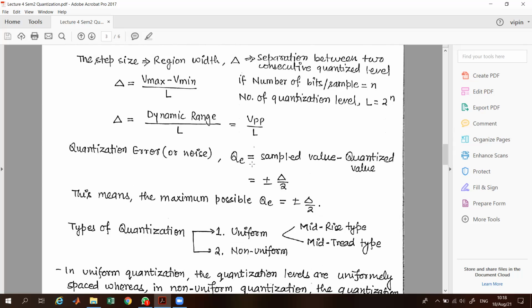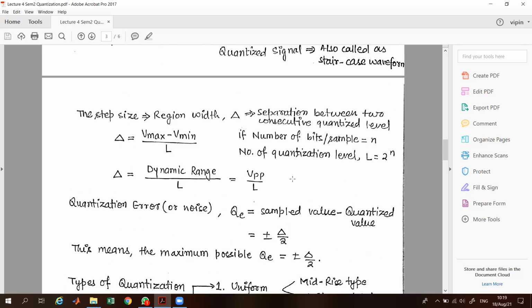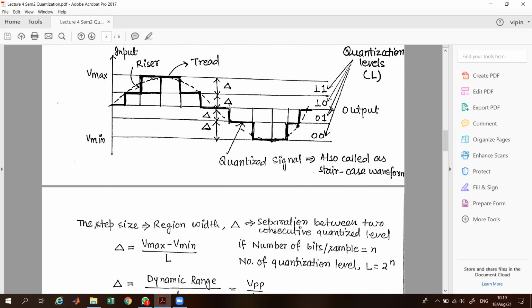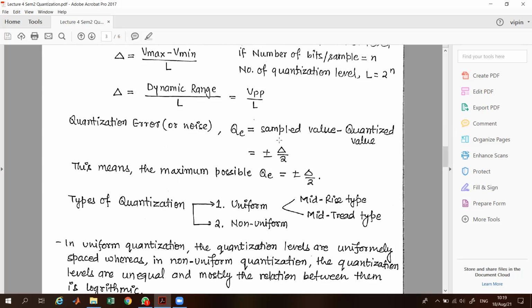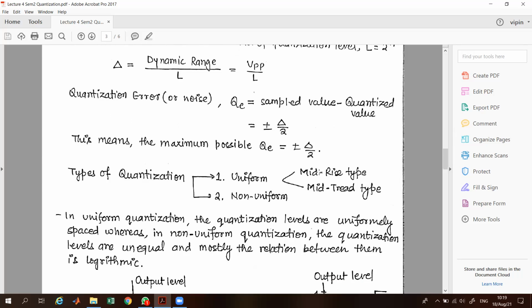The quantization error is the difference between the sampled value and the quantized value, and it is plus minus delta by 2. It always lies within delta by 2 and is never greater than that. Whatever amplitude levels you are changing, they will always lie within this range. So the maximum possible value of Q is plus minus delta by 2.